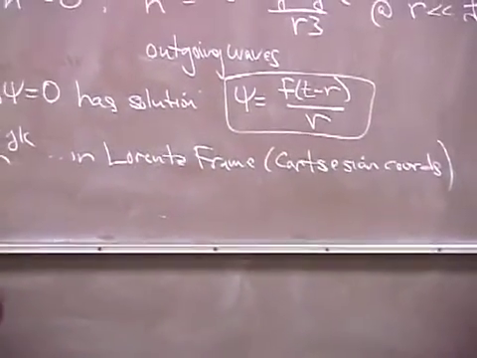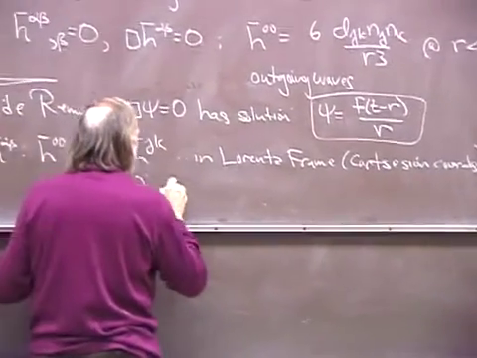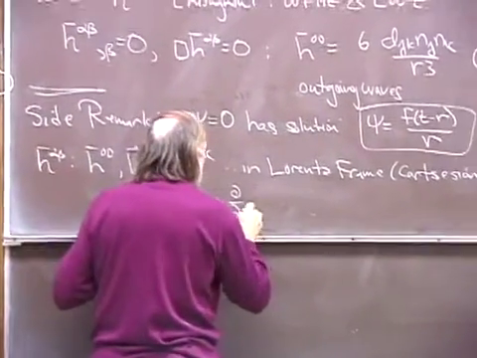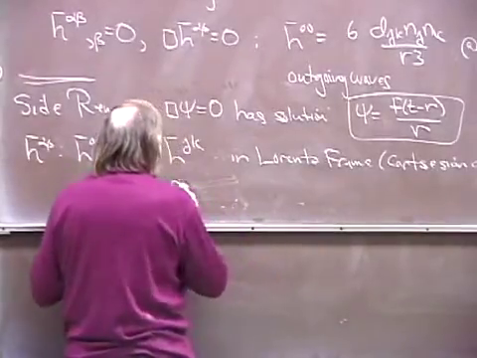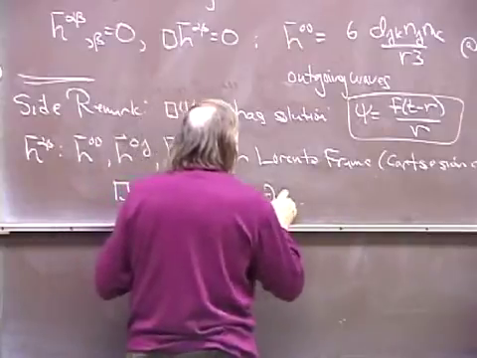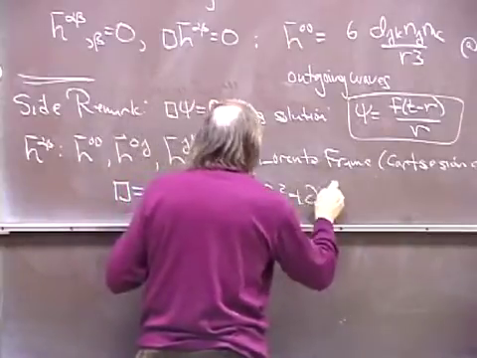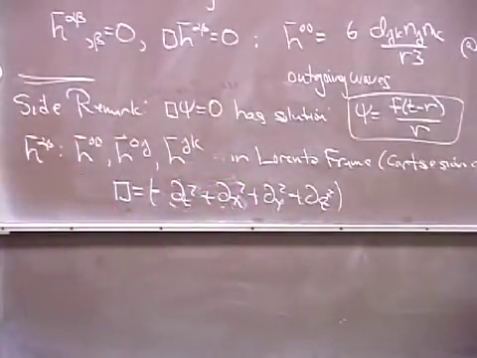box is just equal to minus dt squared plus d by dx. Let me write it just with subscripts: dt squared, the time derivative, plus dx squared plus dy squared plus dz squared. So it has mathematically the same form as for the scalar wave equation.